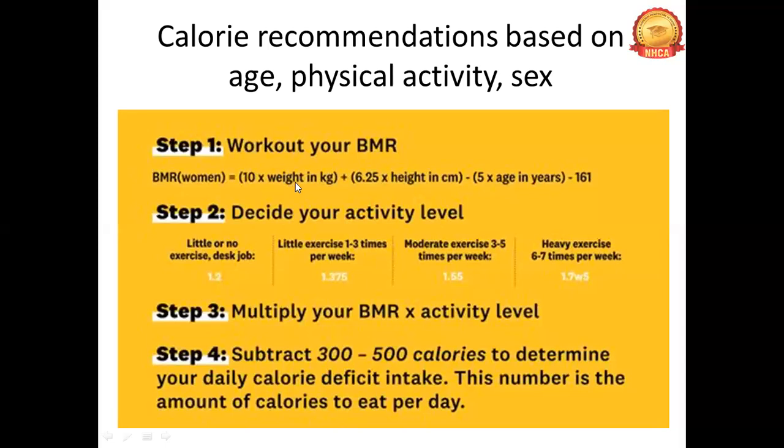Height will not change, it will remain the same. Age will remain the same. But don't you have to change the weight here? The formula depends on the weight as well. It will change. So every month you will have to work on this formula. When the weight changes, again, it's a cycle. When the weight changes, you have to put your calories to test again and again. Is it clear to all?